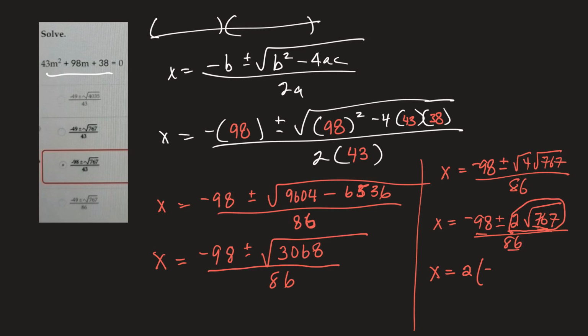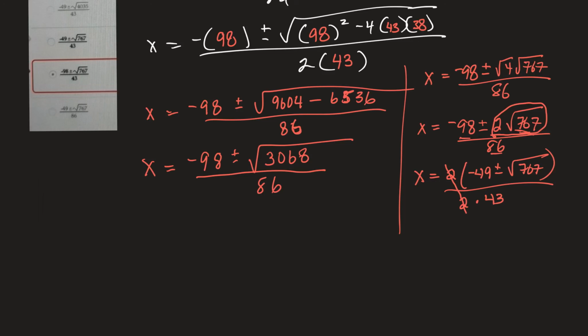So these 2's cancel. There we go. And so my final answer would be negative 49 plus or minus root 767 over 43.